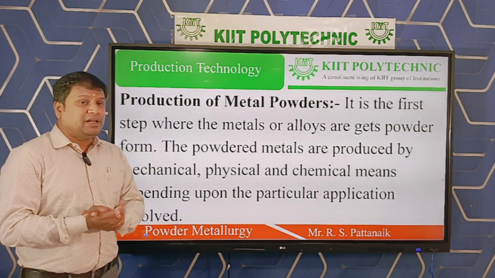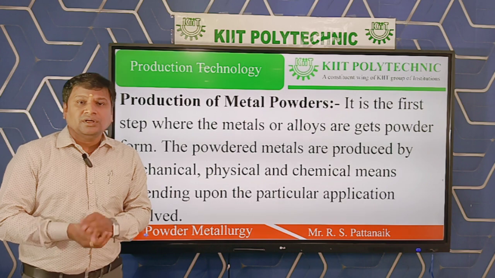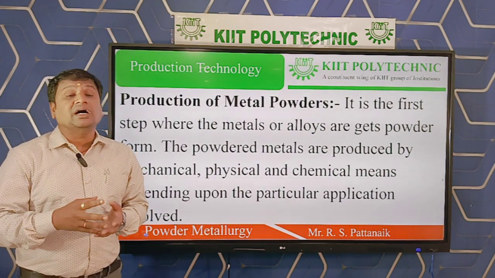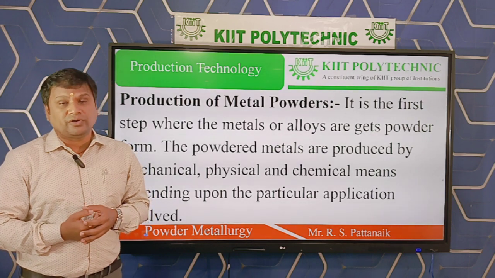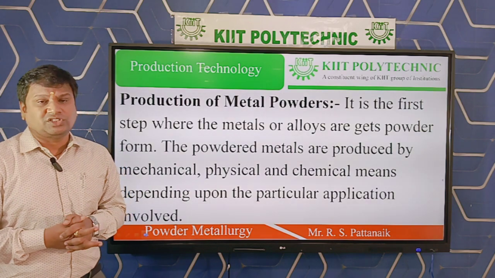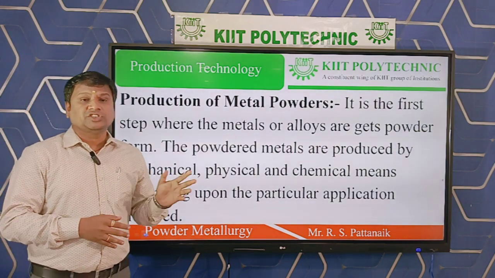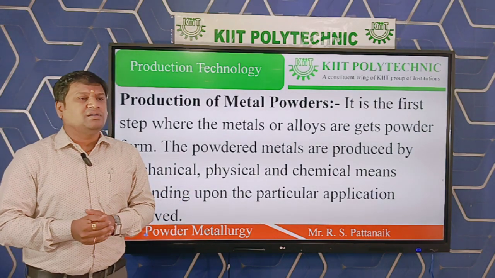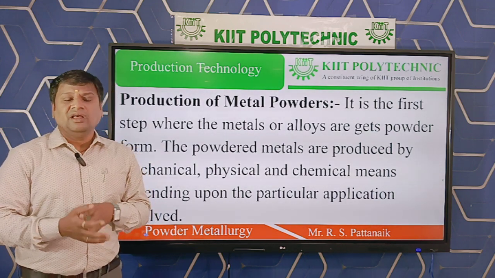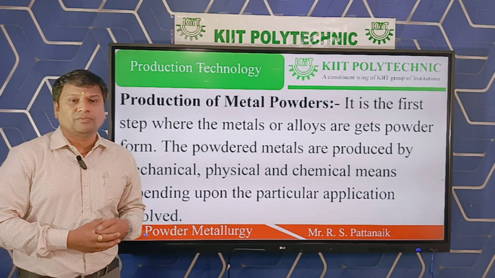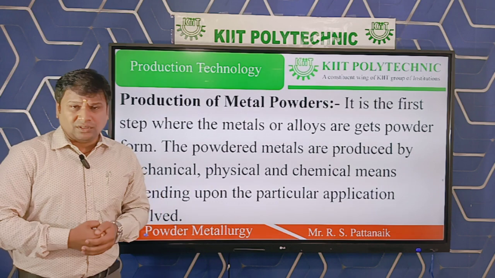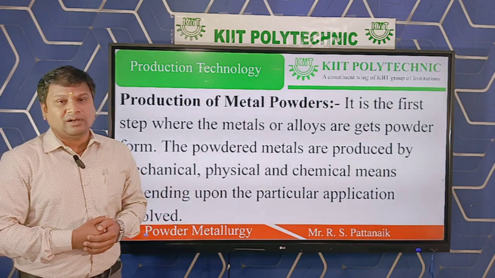Production of metal powder is the first step. In this step, metal and alloys are converted into powder form. There are different methods adapted for production of metal powder, like physical, chemical, and mechanical, according to the shape and size of the metal particle.